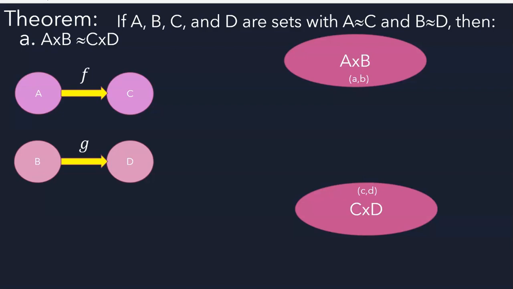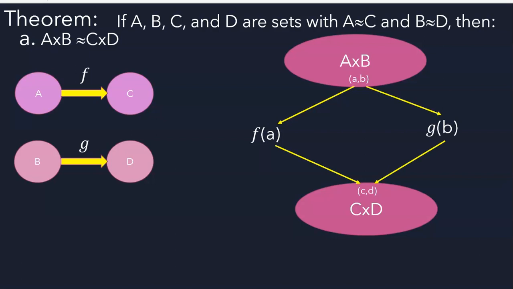I can get the a to go to c by using f, and I can get the b to go to d by doing g. So this mapping, the way I constructed it, will be one-to-one and onto. Again, I'll have a more formal proof in the write-up, but that's the gist of what we're doing here.